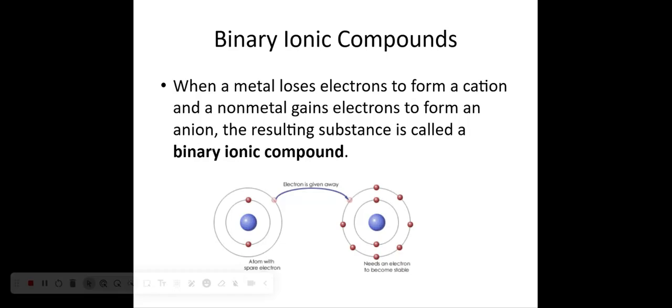How does it need to become stable? It needs 1 more electron right here, so it has 8 in that shell, because 8 is what we need to be stable. Pause the video if you haven't finished copying, and once you're done, unpause the video, and I'll continue on.